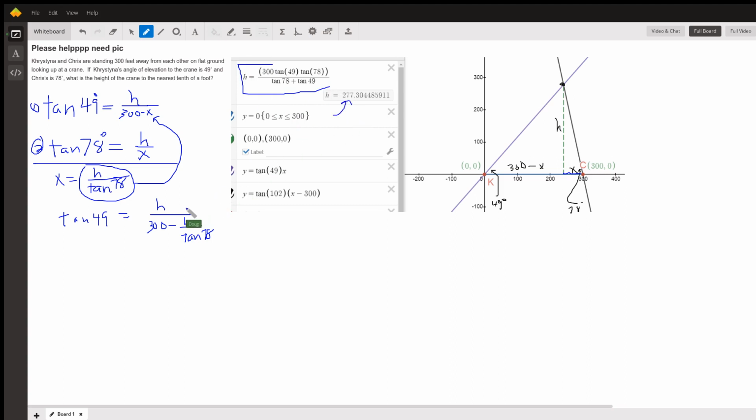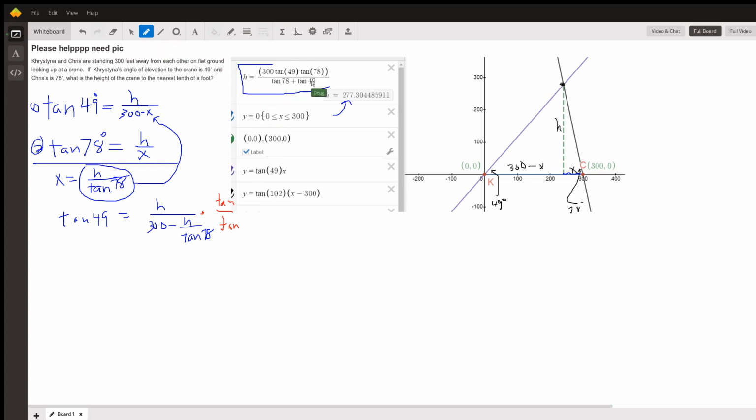Question is, what did I do? Well, I'll tell you that I multiplied top and bottom of this fraction over here by the tangent of 78, just to clear or to turn this complex fraction into a simple fraction.